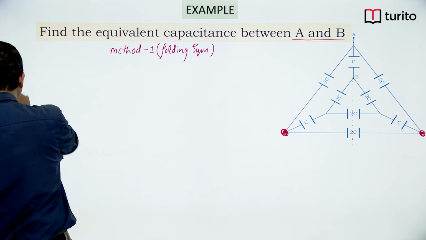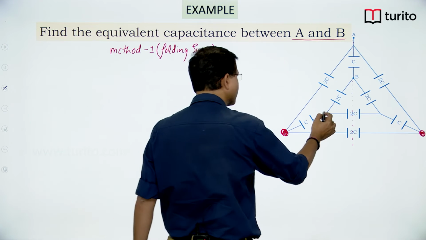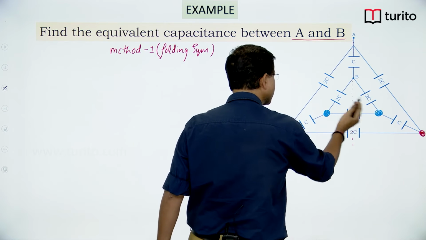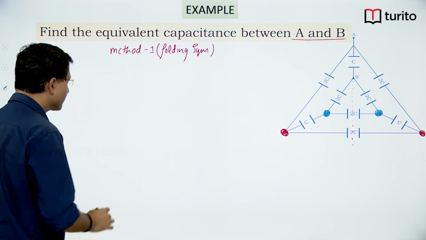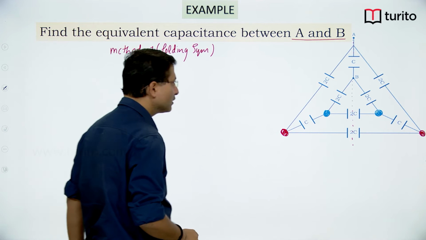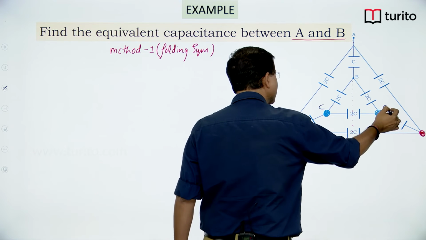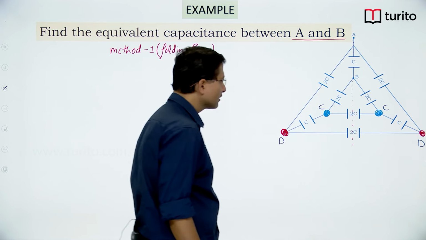Similarly, the potential here will be same as potential here, symmetric points, right? So let us start naming the junctions. So A, B, let us call it C. If this is C, this will be C, and if this is D, this will be D, right?